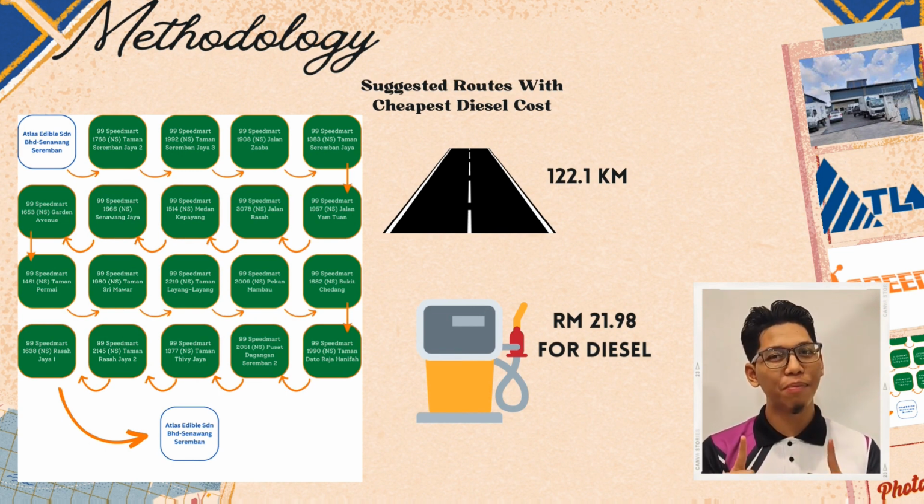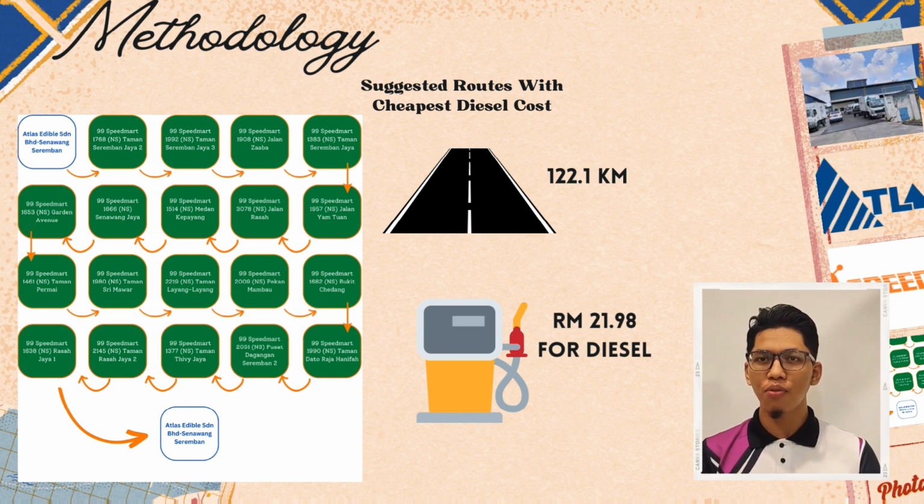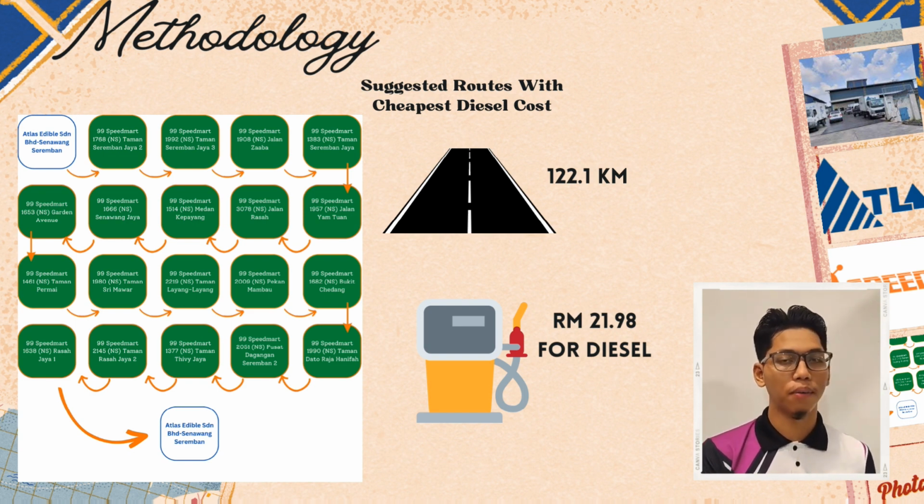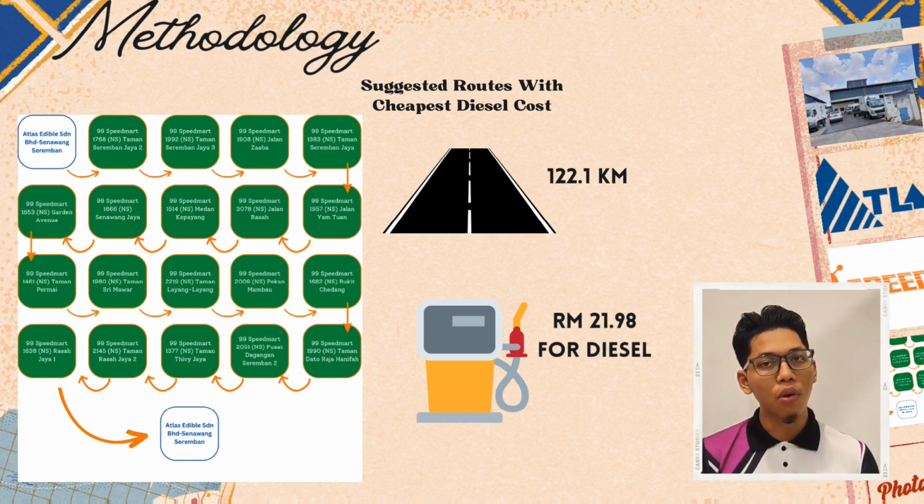Suggested routes with cheapest diesel cost. Based on Google coding, it gives us the suggested way starting from the Atlas Edible Ice Factory in Seremban, and then it will cover all 19 selected 99 Speedmart around Seremban and Senawang. And lastly, it will return back to its factory in Seremban.